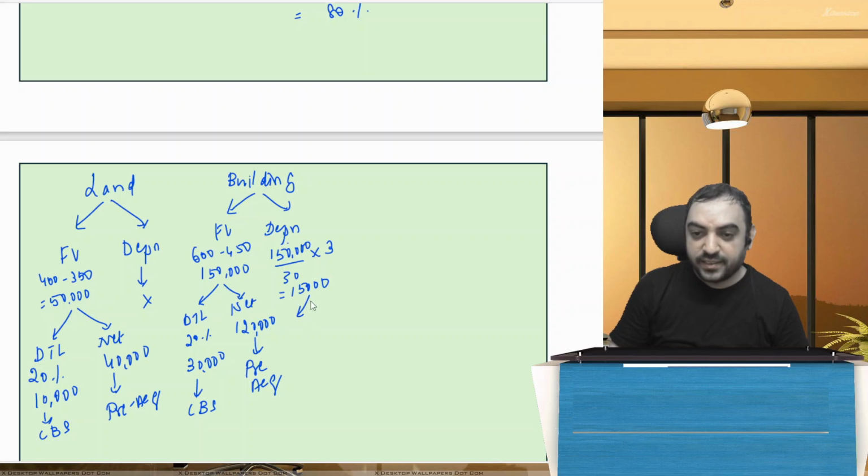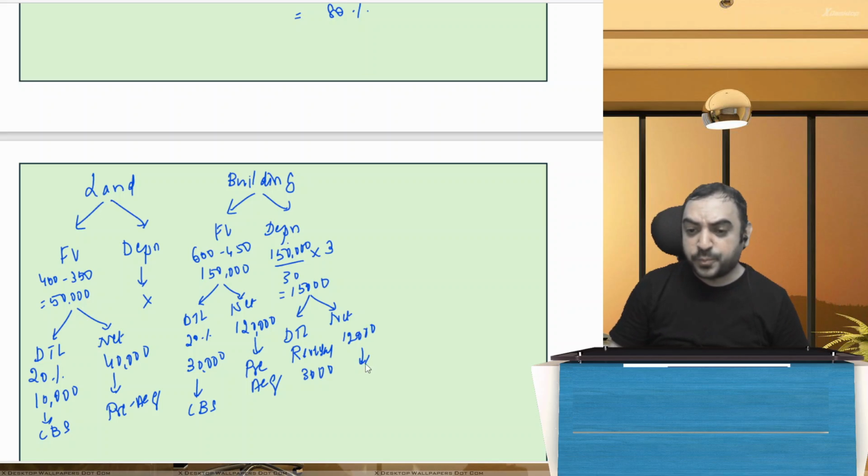On this you calculate the DTL reversal. The 20% on 15,000 is 3,000, and net comes to 12,000.